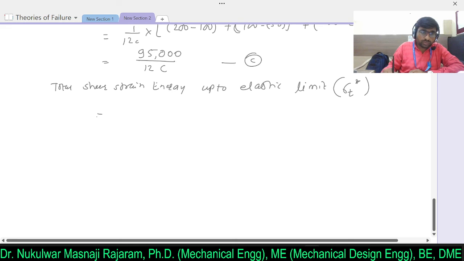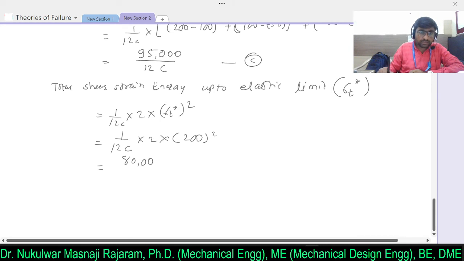It is 1 upon 12G into 2 into sigma t square. Putting in the values, 200 square is 40,000 into 2, so it is 80,000 divided by 12G. Let's say it is equation D.